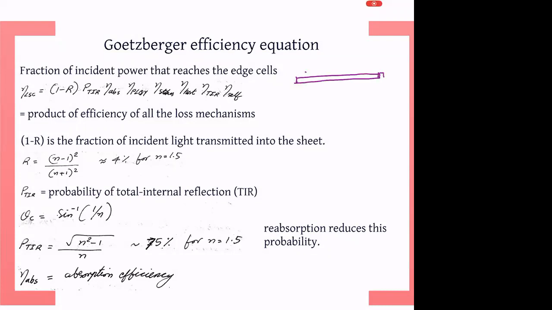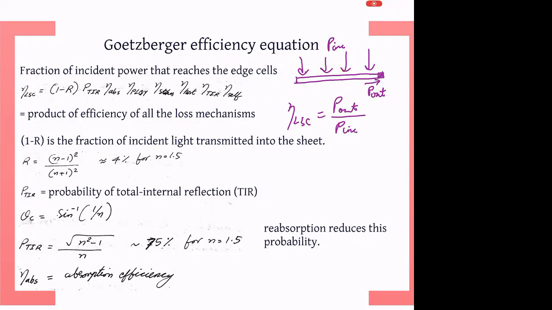Our solar cell is at the edge here. This is the incident power, P incident. And this is the output power to the solar cells. So the efficiency is essentially given by the total power that reaches the solar cell divided by the total incident power.